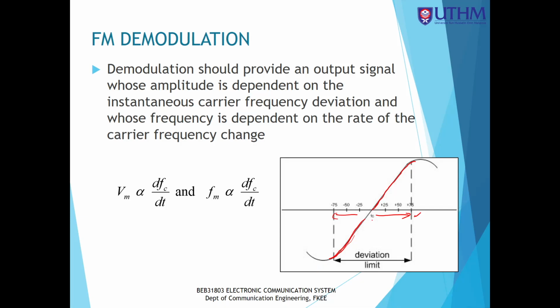So for example, here is negative Vm, over here is positive Vm, peak amplitude. Remember, the demodulation process is the process to produce the original output message. We want to produce Vm(t) through the demodulation process.